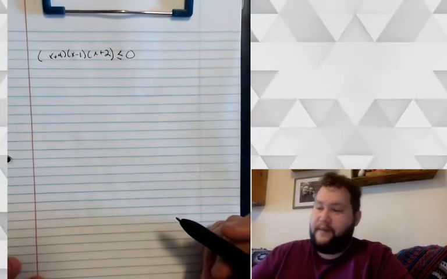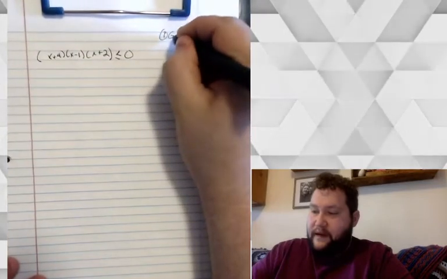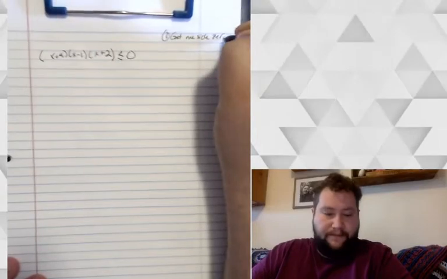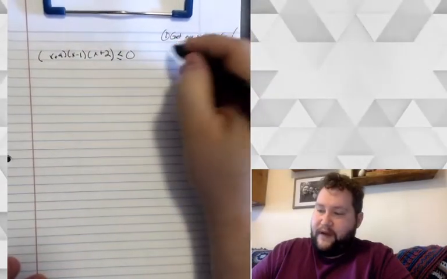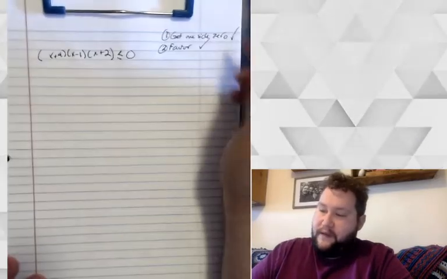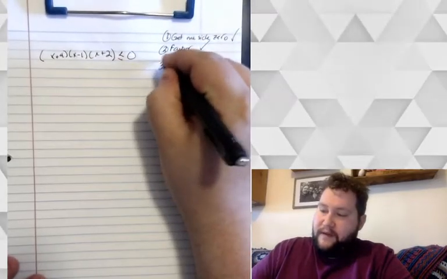So our first step is get one side 0. Well, that's already done. Then we factor. Well, that's already done.